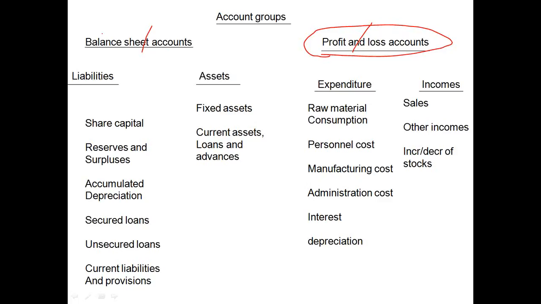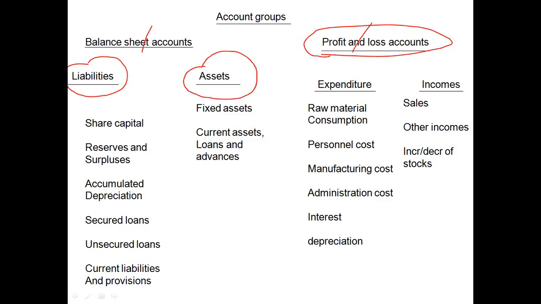So each side can be taken as one account group. All the GL accounts displayed on the liability side will be created as one account group, and all the GL accounts displayed on the asset side can be created as another account group, assets.